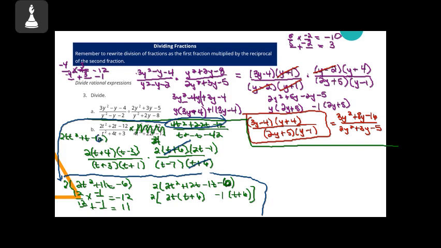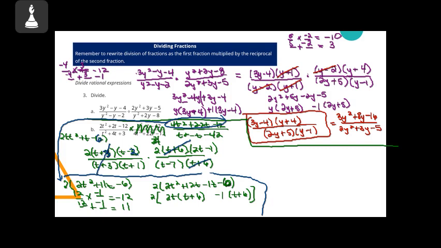Let's see what we have left now. 2 times 2, 4, a t minus 2. A 2t minus 1. On bottom, we have a t plus 1 and a t minus 7.